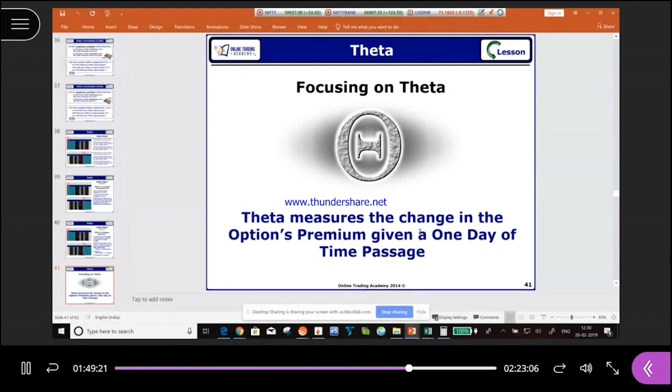So tomorrow's option premium will be today's option premium minus the value of theta. Is that clear to you guys? That's how simple theta is. It just tells you with every day passing what is going to be the new option premium value.